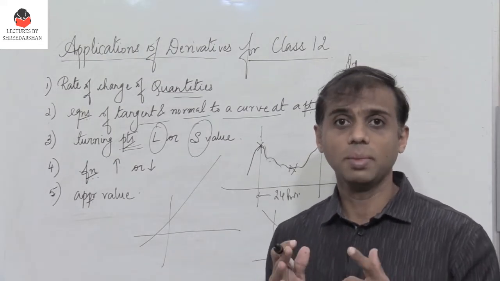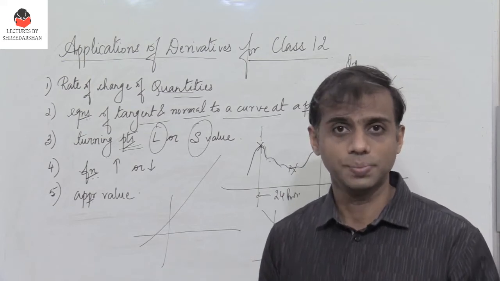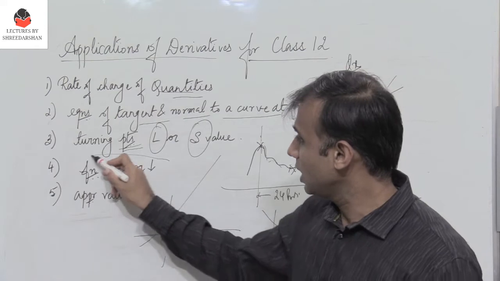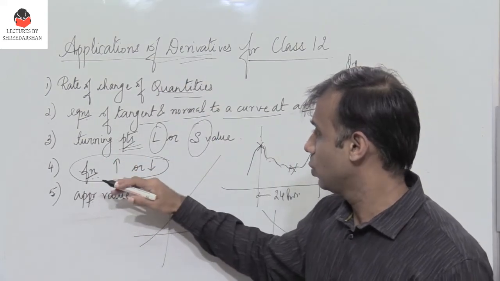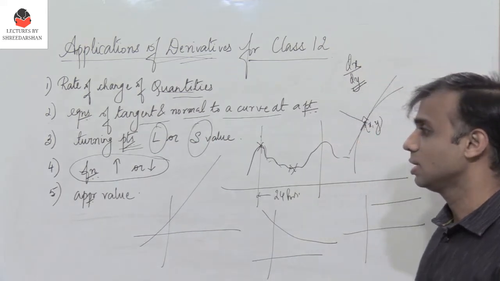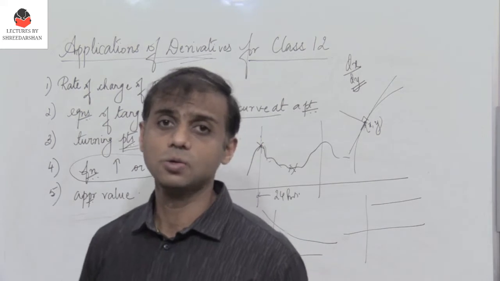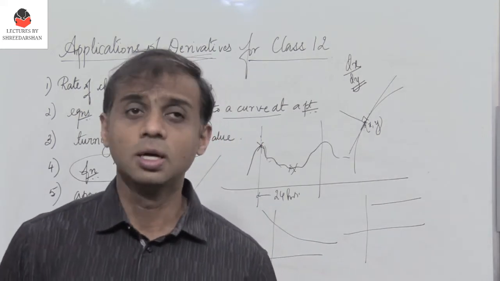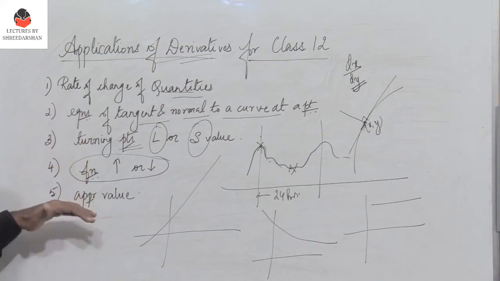So that mathematical equation can actually represent a physical quantity, right? So therefore, we can actually use the derivatives to find whether functions are increasing or decreasing. And they can also be used to find the approximate values of various quantities, right? So based on all these 5 categories, we should be solving problems.